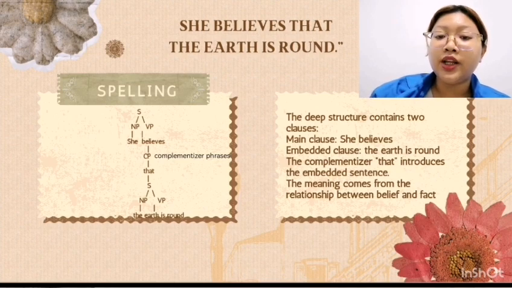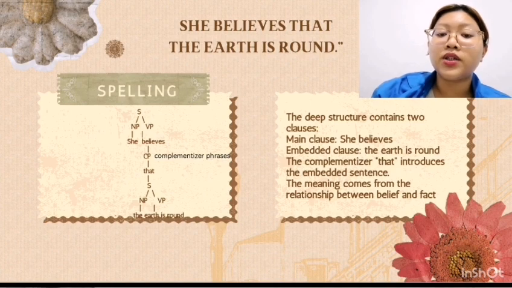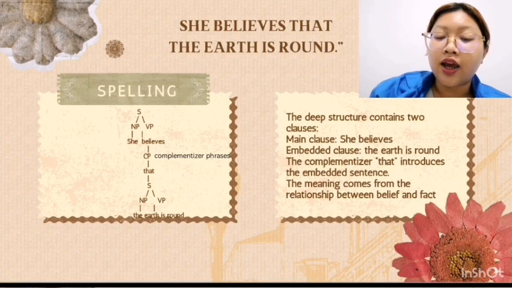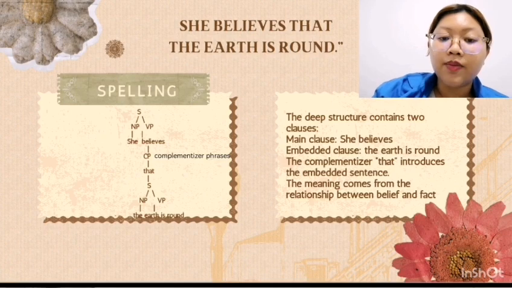Number 4: she believed that the earth is round. In the tree, the subject is a noun phrase and the verb phrase, the noun phrase is she and the verb is believed, and the complementizer phrase that has a subject again, an NP and a VP, the NP being the earth and the VP is round.